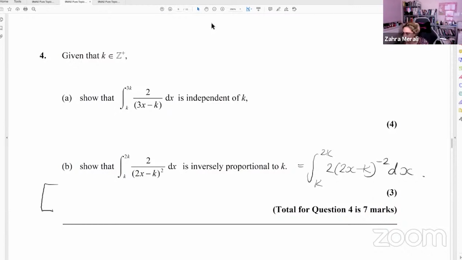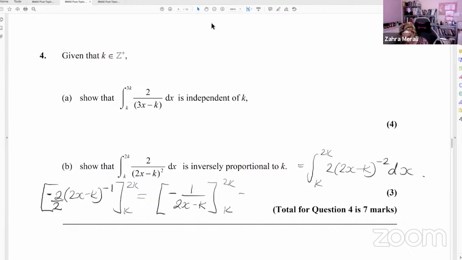So we get 2x minus k to the minus 1, divide by the new power, makes that minus, and divide by the differential. So we're going to divide by 2. That's between 2k and k.